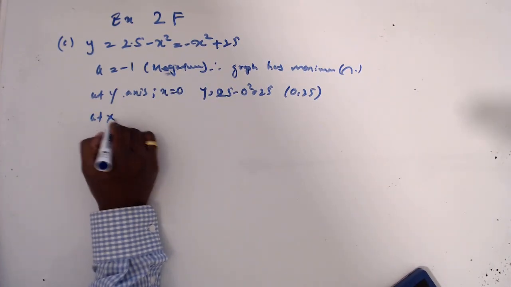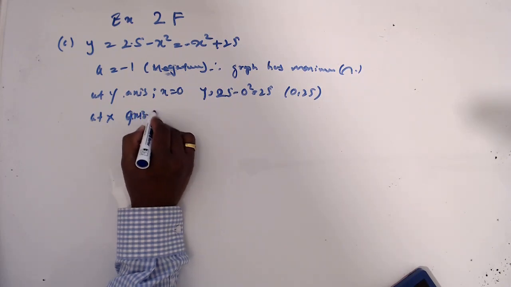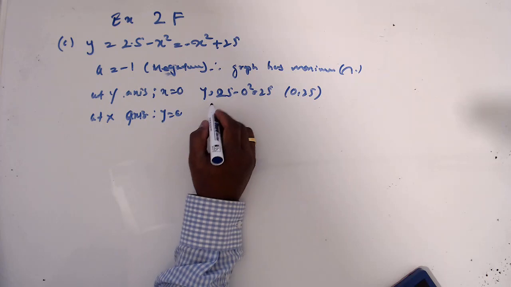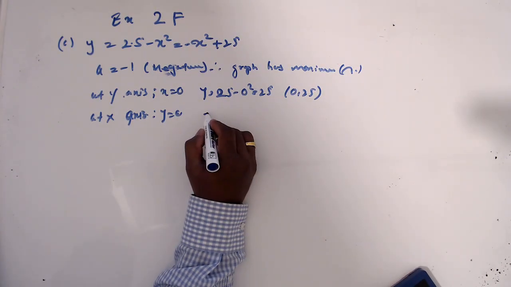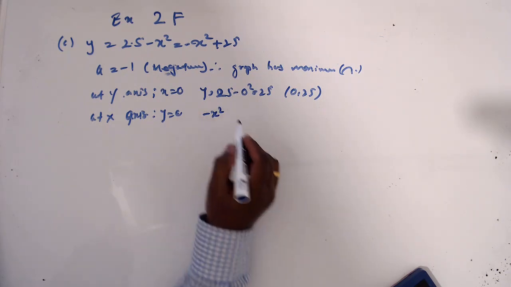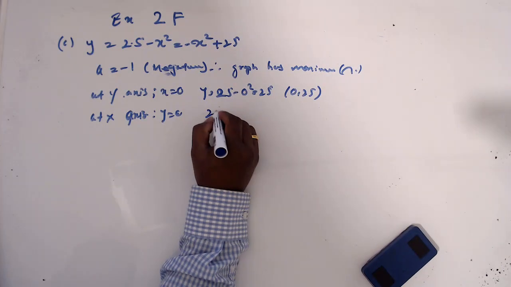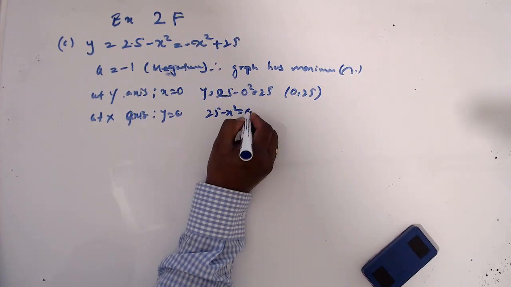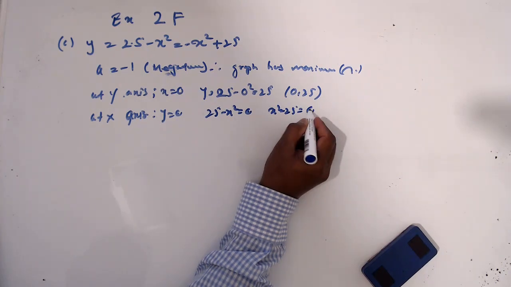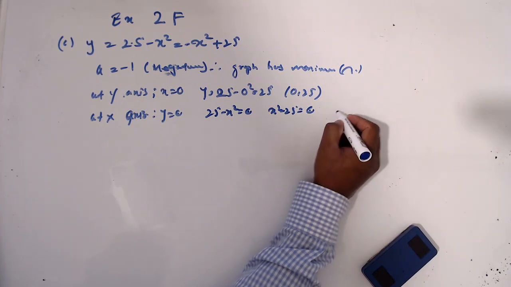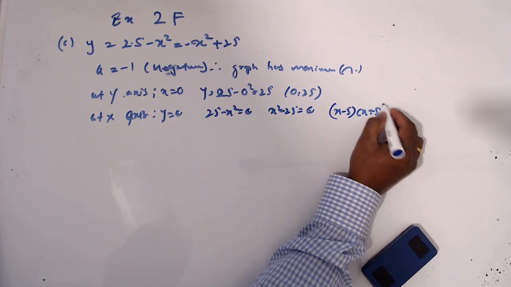At the x-axis, y equals 0, then 25 minus x square equals 0. It means x square minus 25 equals 0. Then (x minus 5)(x plus 5) equals 0.